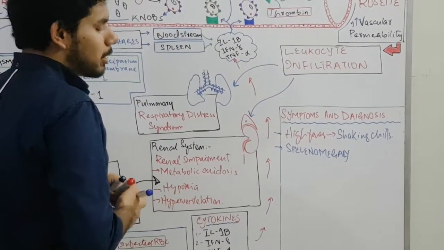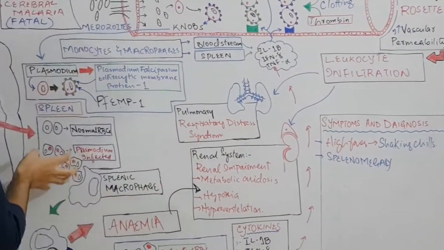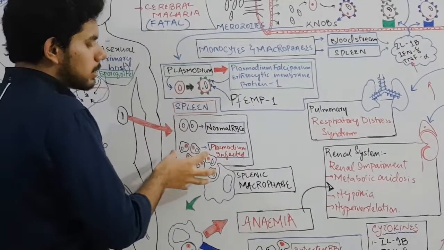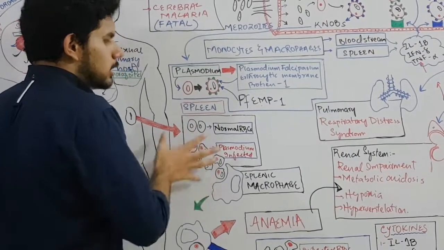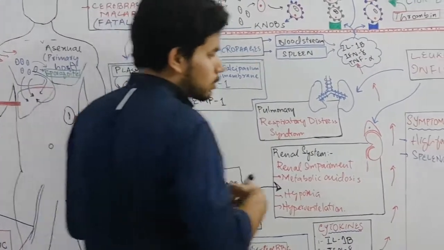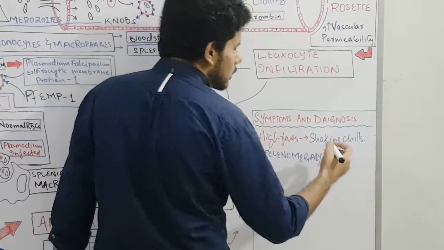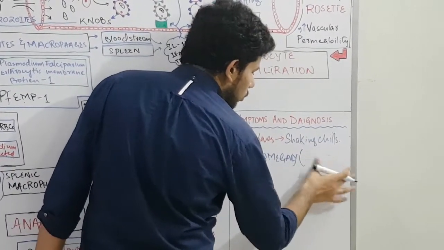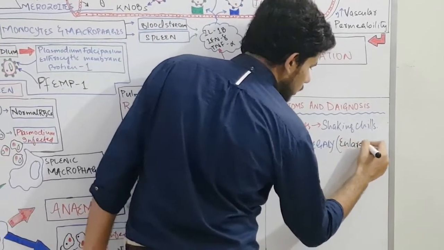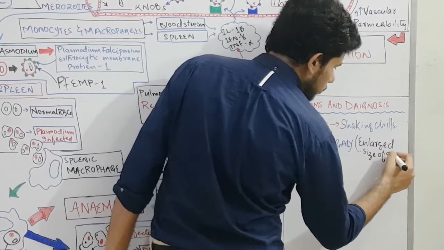Why does the enlargement of spleen occur in malaria? Because there is a high workload on the spleen. Due to the high infection rate of RBC, splenic macrophages and splenic cells are working at a very high rate. So this causes splenomegaly, or the spleen to enlarge its size, or you can write here, enlarged size of spleen.